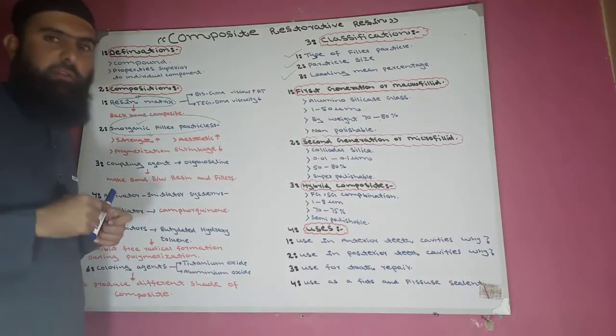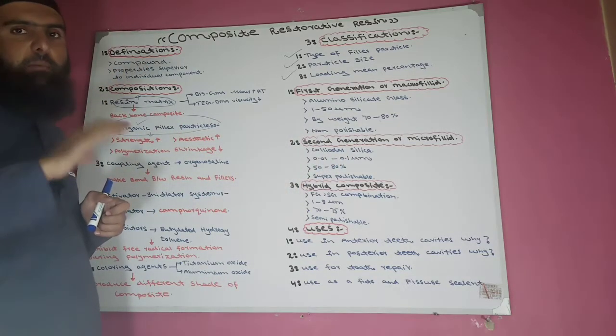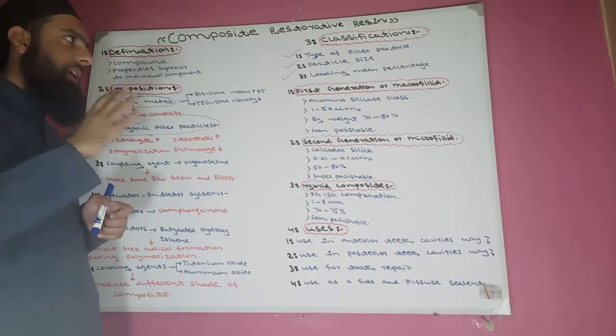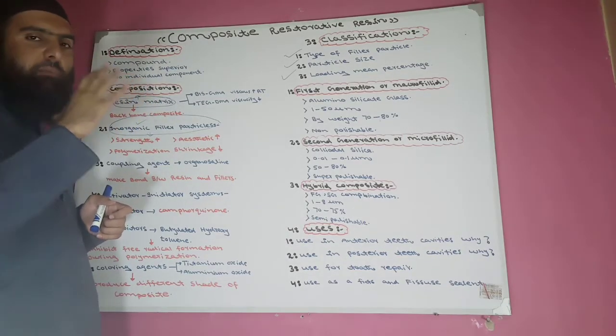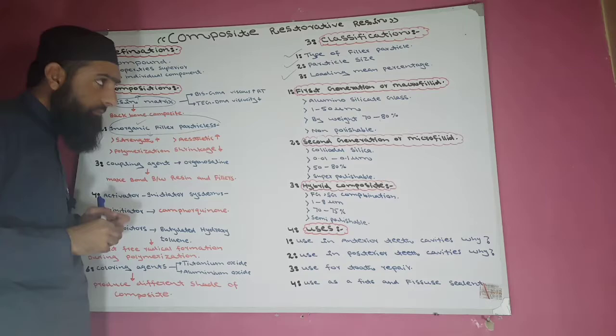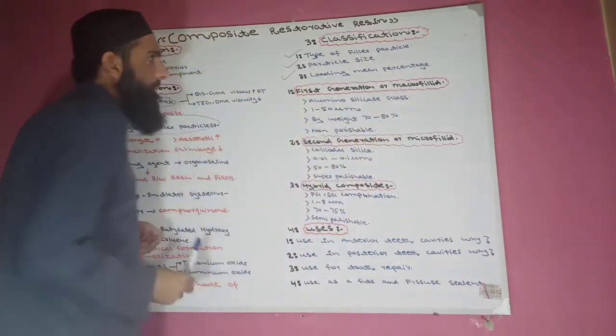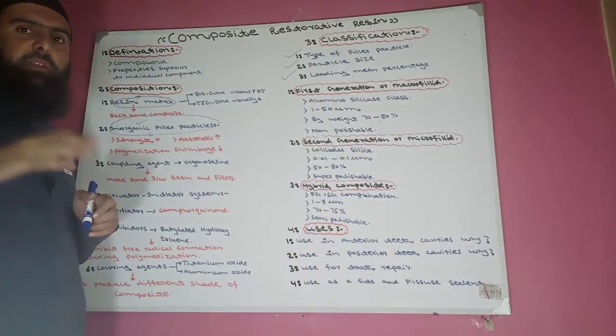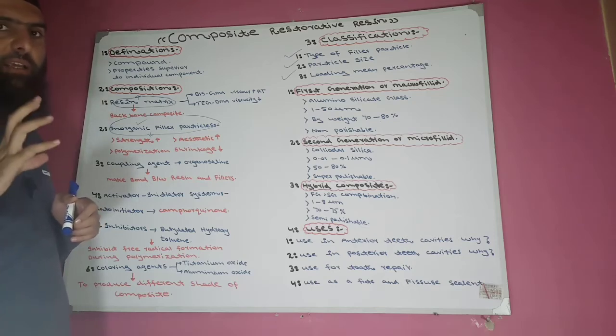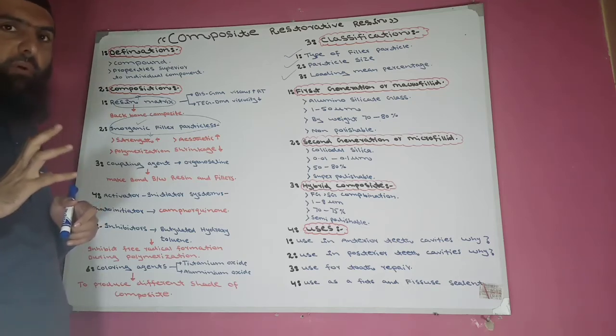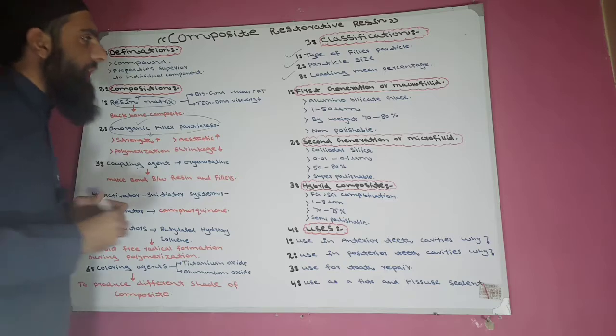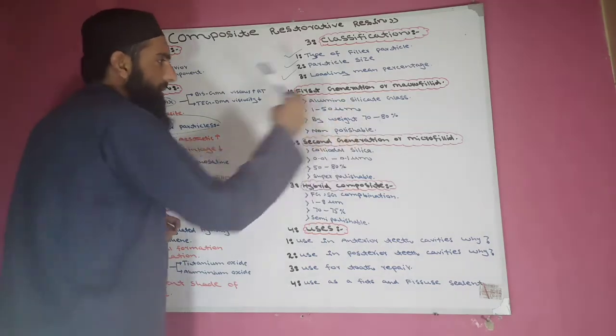And the fourth property is that it is non-polishable. We cannot polish the first generation, traditional or macrofilled composite. Now, why is it called macrofilled? Because the percentage of inorganic particle in this type of composite is high, like 70 to 80% by weight.